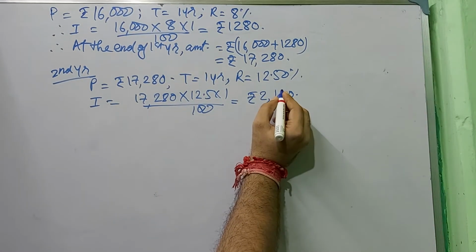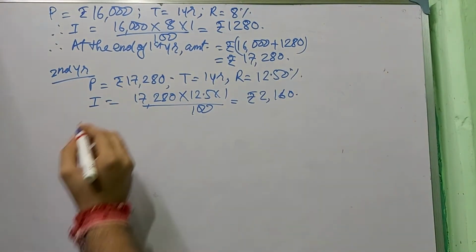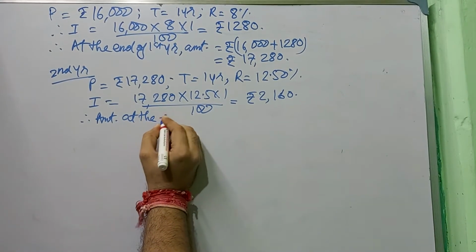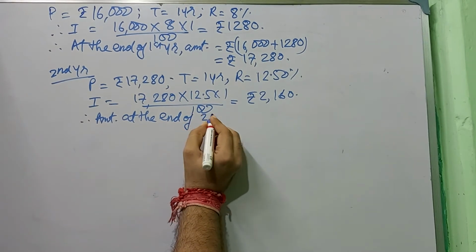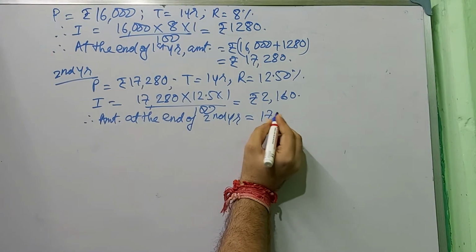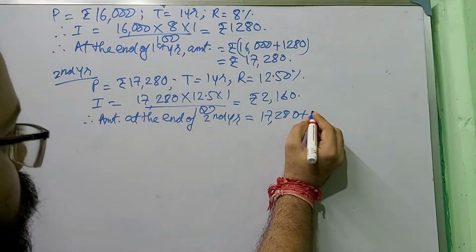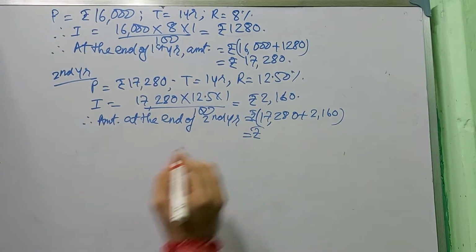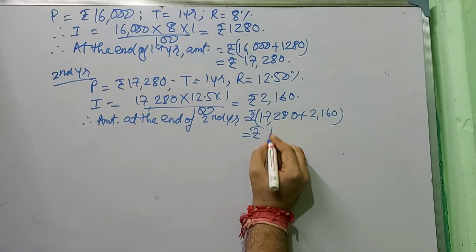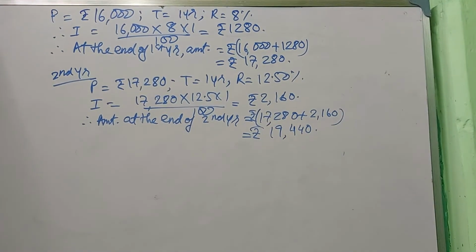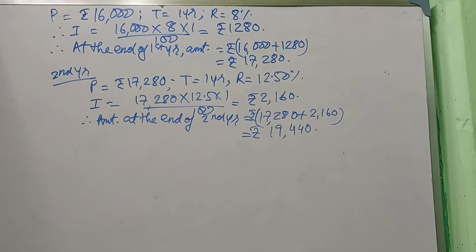So the amount at the end of the second year will be 17,280 plus 2160. You will get the total amount as 19,440.